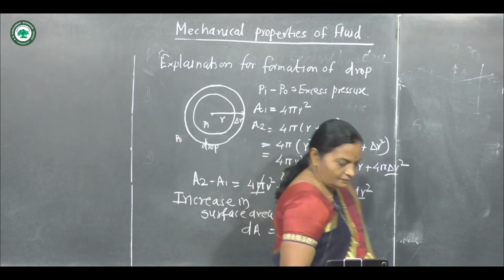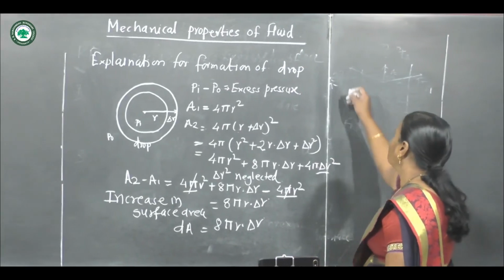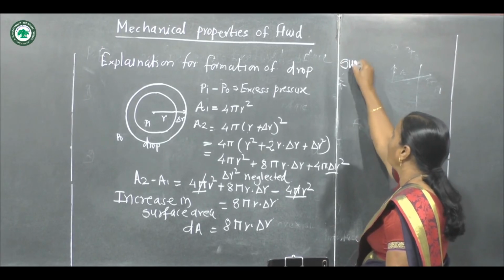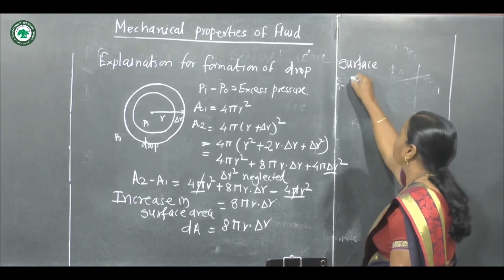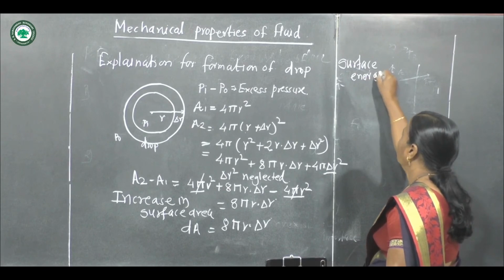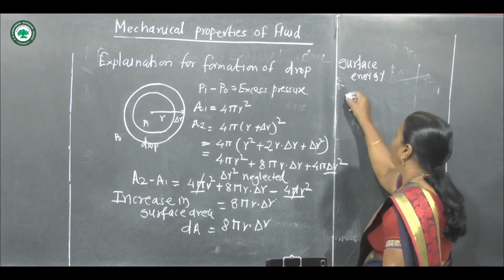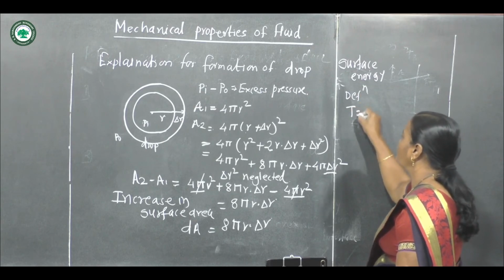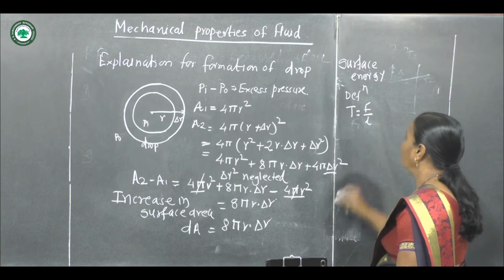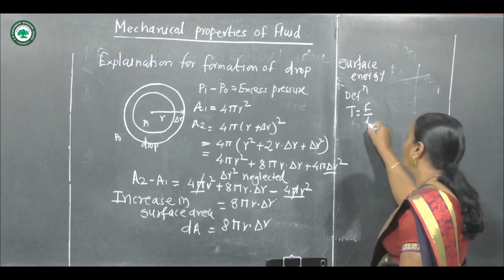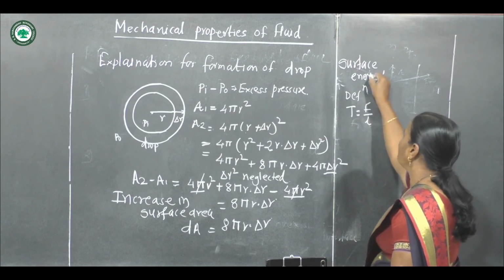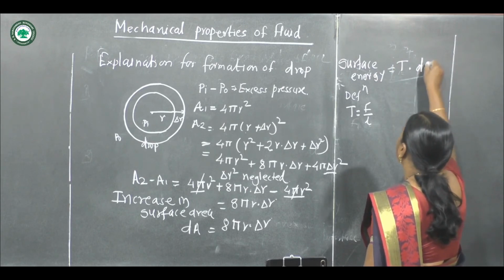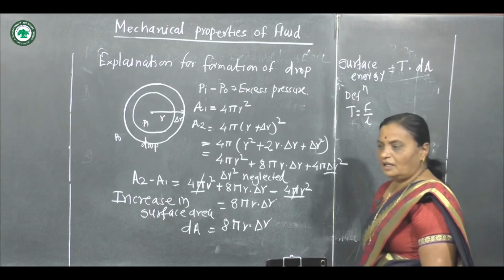Now we know by definition the surface tension, or surface energy, T is equal to force per unit length, and surface energy is equal to surface tension into increase in surface area.